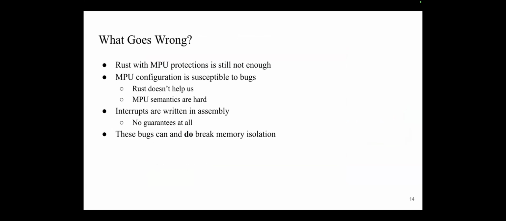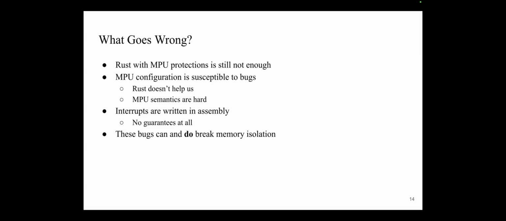Okay, so as I mentioned before, Rust with MPU protections is still not enough. The fundamental issue here is that MPU configuration code is susceptible to bugs, and specifically, bugs where Rust doesn't help us. Similarly, there are these things called interrupts in operating systems.